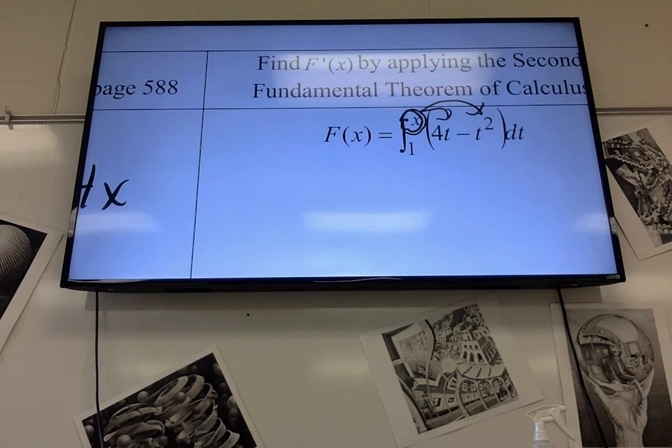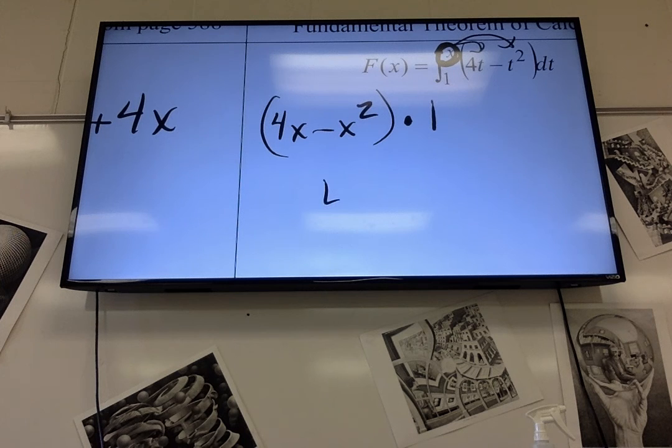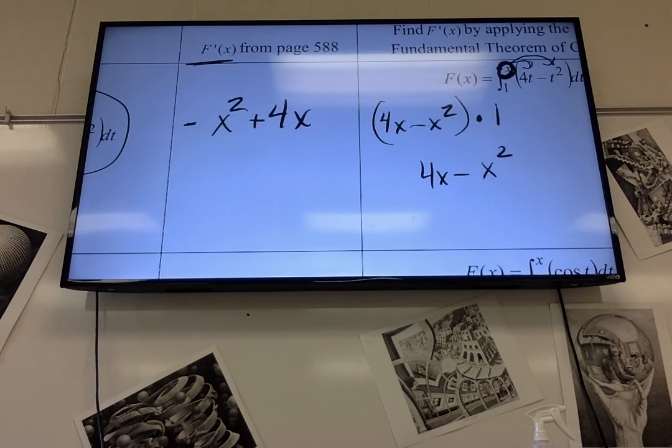So it becomes 4x minus x squared, all I did was put x in there, and then times the derivative of x, which is just 1. So you get 4x minus x squared, which notice is exactly the same thing.